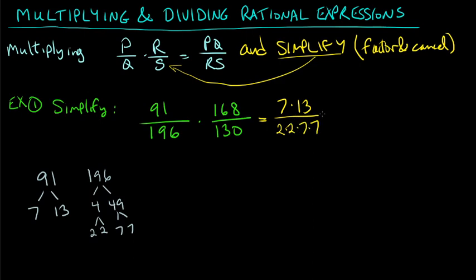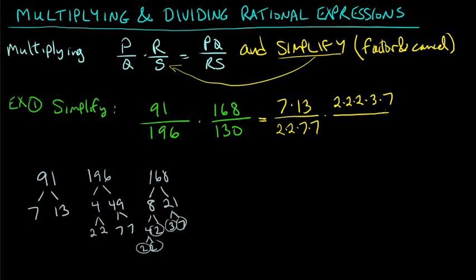You can write them with exponents if you want. In this case, I'll leave it alone. And then 168 is 8 times 21. So 8 being 4 times 2, and 4 is 2 times 2, and 21 is 3 times 7. So 2 times 2 times 2 times 3 times 7.